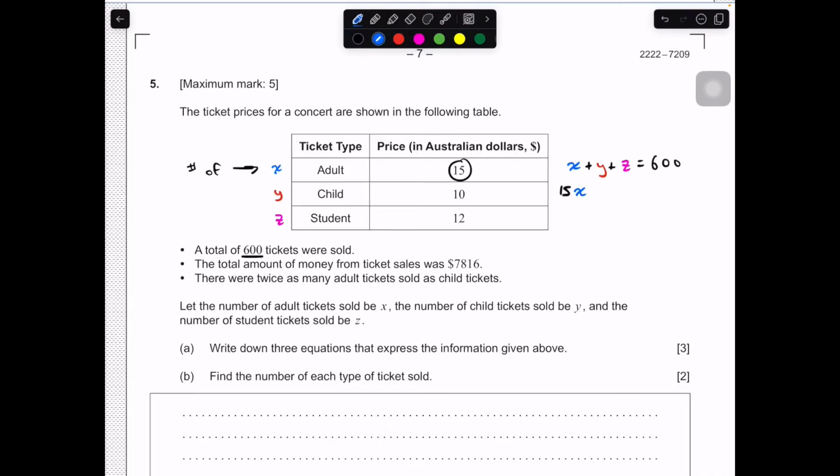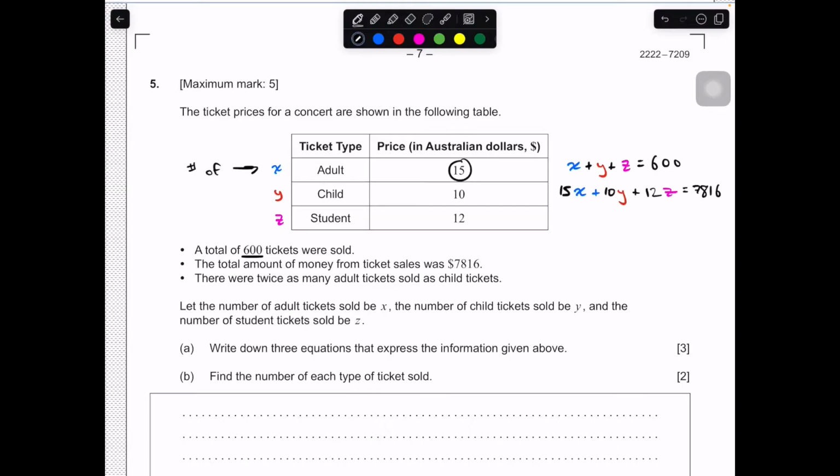So $15 for every adult ticket, plus we get $10 for every child ticket, and then we also have $12 for every student ticket. And altogether, that should equal $7,816. So x, remember, is the number of tickets of each type that we're selling.